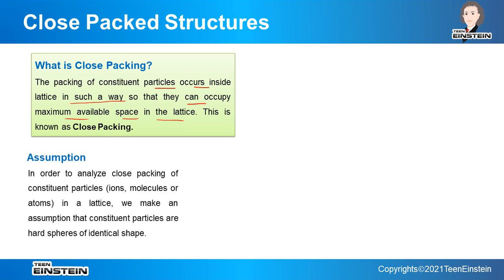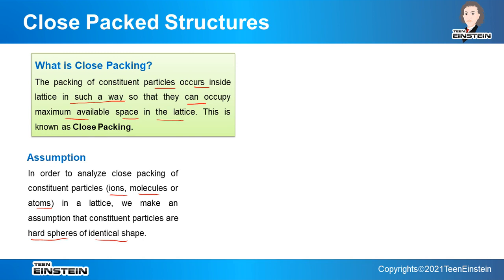Now, when we are considering this close packing, there is an important assumption. And what is this assumption? To make the matter simple, when we do the analysis, if we consider the ions and molecules and atoms as hard spheres of identical shape, then only it will be easier to explain.